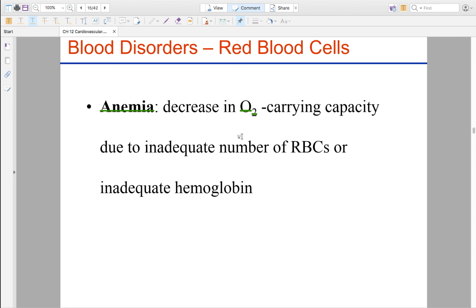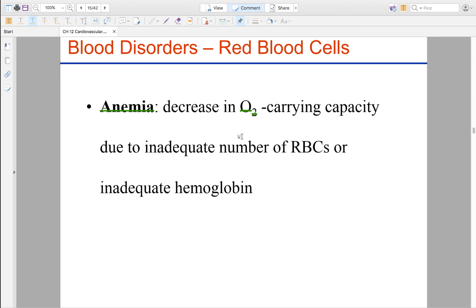Every single cell in your body needs a constant supply of oxygen to run cellular respiration. People that are anemic have low oxygen, and there are different reasons, but one of the reasons is low iron or the inadequacy of being able to carry O2 in hemoglobin, or a low RBC count.